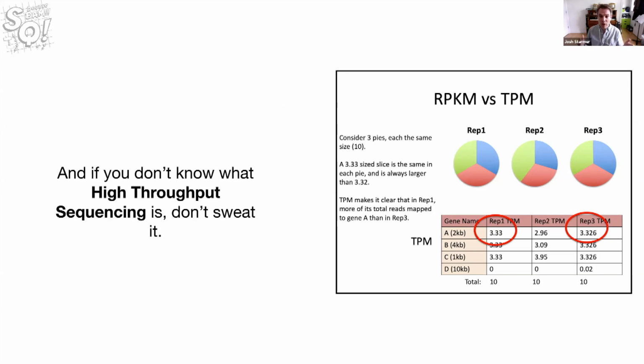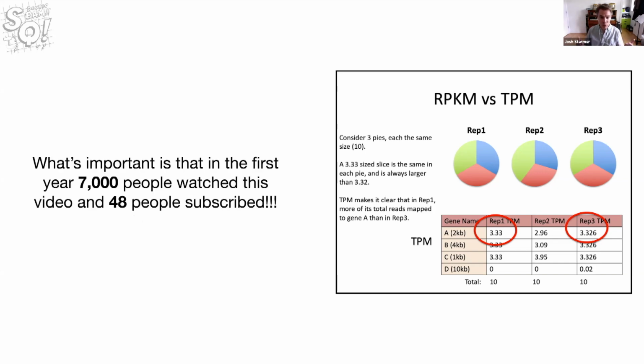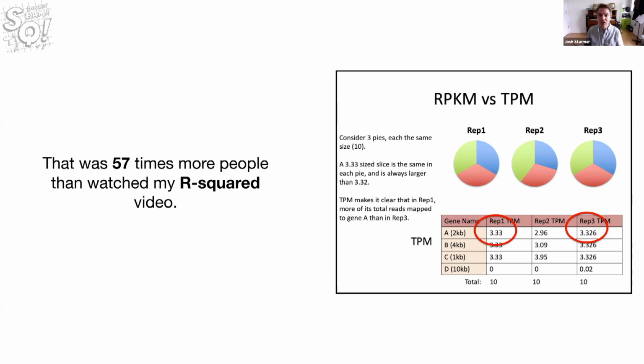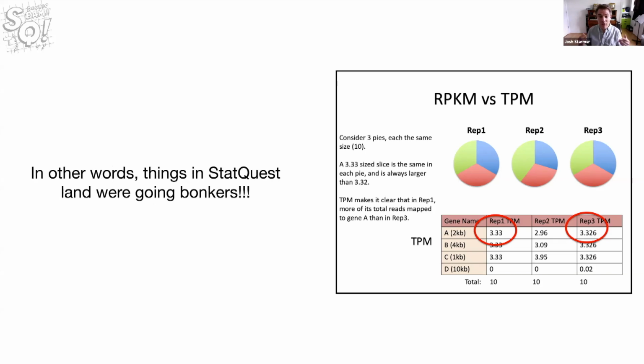And if you don't know what high throughput sequencing is, don't sweat it. The important point is that in the first year, 7,000 people watched this video and 48 people subscribed. And that was 57 times more people than watched my R squared video. In other words, things in StatQuest land were going bonkers.